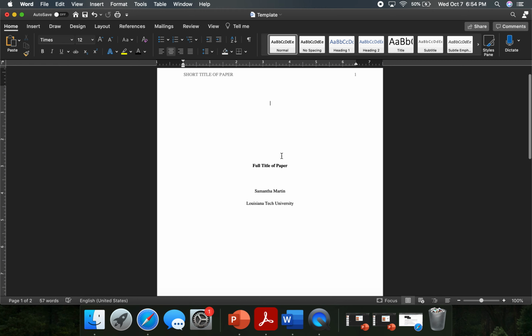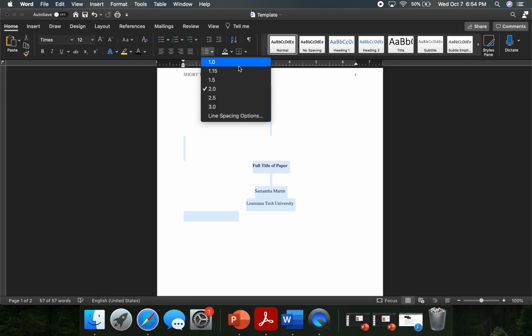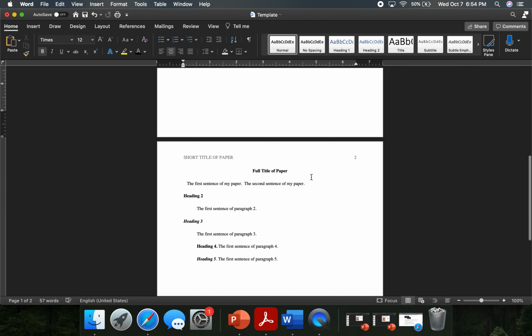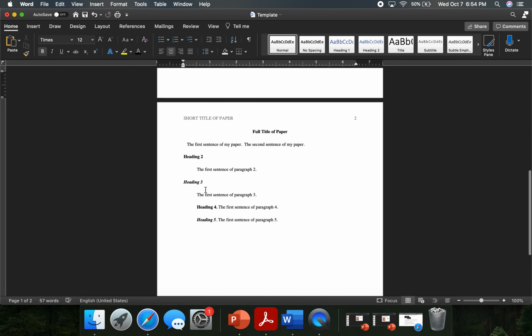Another thing I've seen is, and I talked about this the first day, so this is double space, that's what I want, but something's not quite right. So there's kind of like this extra space, you can't really see here, but between paragraphs something's going on, that's not quite double space. So I would highlight the whole paper.